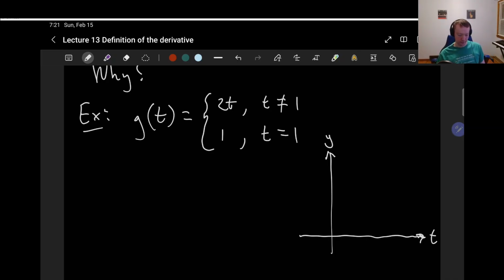So it's a t-axis. And we'll just use y for our output, but that could be different. All right, height 2.